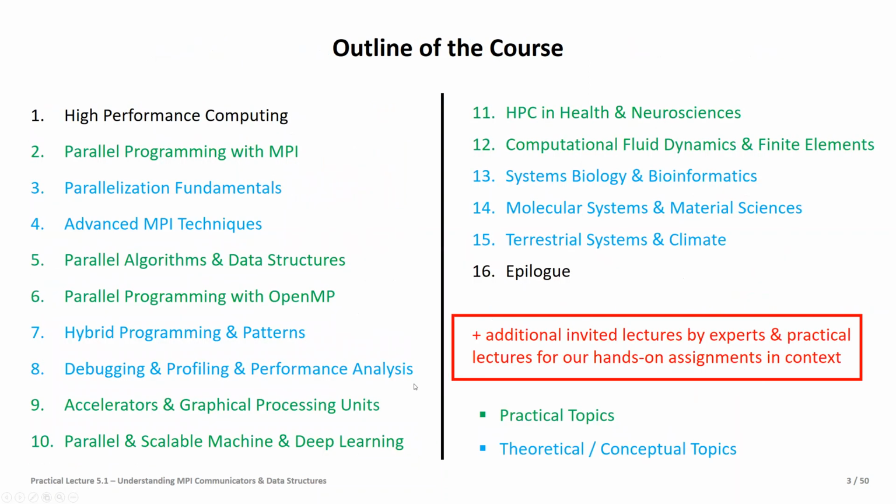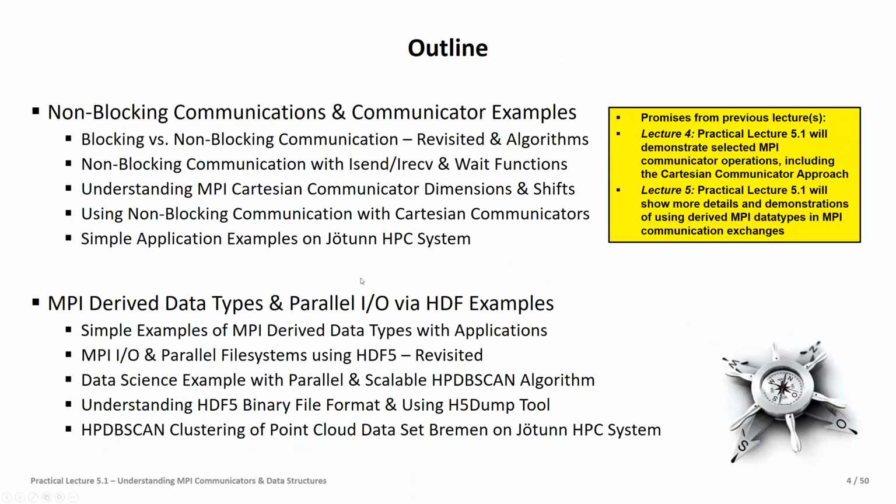Let's go. Of course, it's an additional lecture really fostering what we learned before in Parallelization Fundamentals, Advanced MPI Techniques, and the parallel algorithms and data structures. So with this, we really will learn about non-blocking communications. The Cartesian communicator will be really explained with 2 more examples.